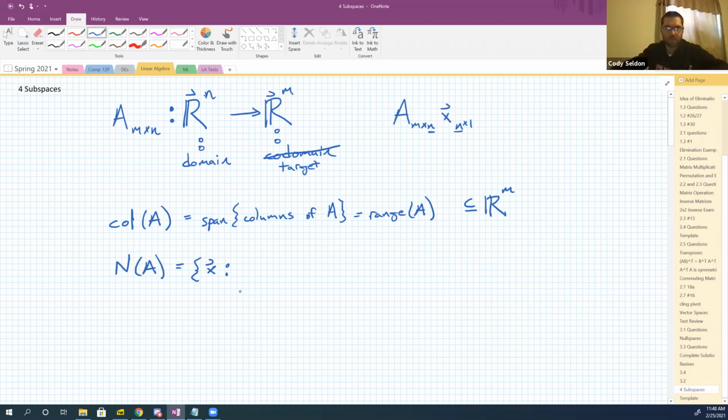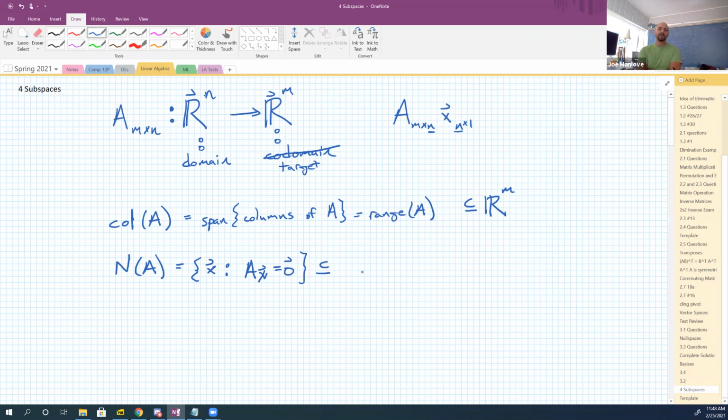A maps them to 0. Perfect. So Ax is the 0 vector. So where does this set live? Are these vectors that get mapped or vectors that have been mapped? The x's. Vectors that get mapped. Good. These are vectors in the domain. So these are in Rn.